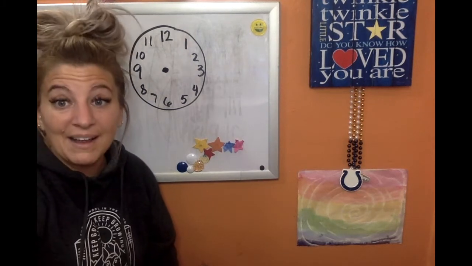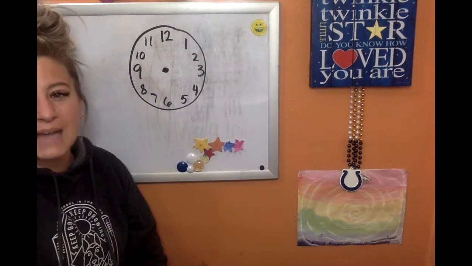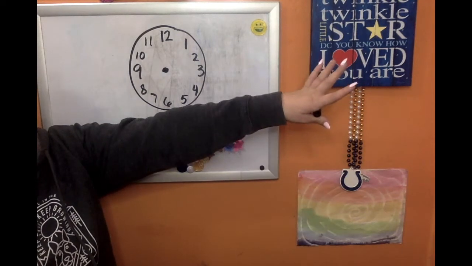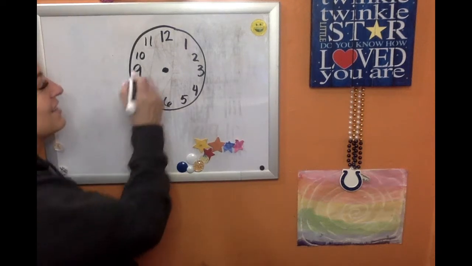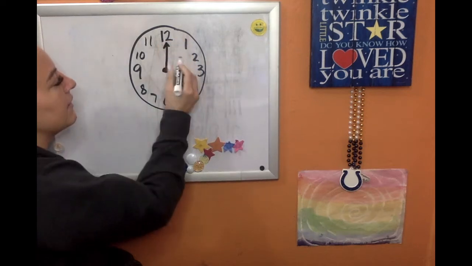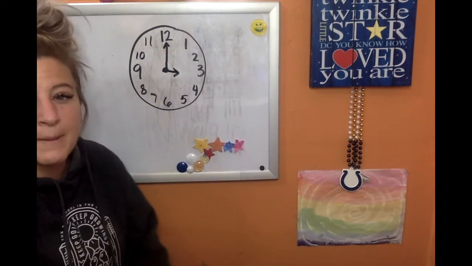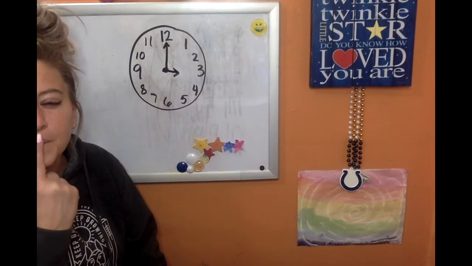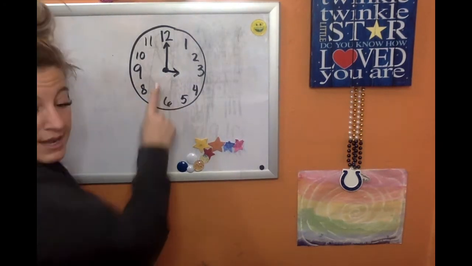A minute hand and an hour hand. The minute hand is long and the hour hand is short. So if I were to draw a hand right here and a hand right here, which one is short? This one.